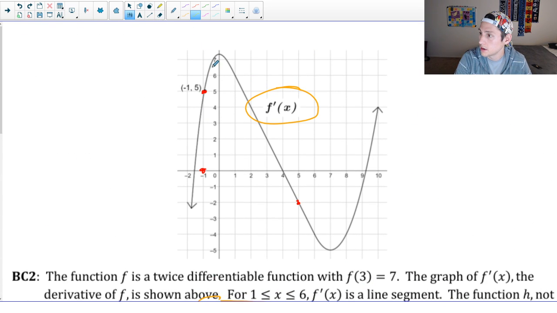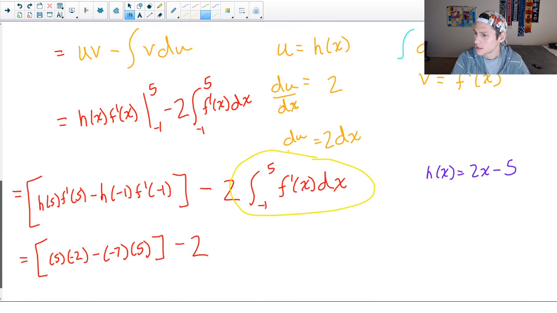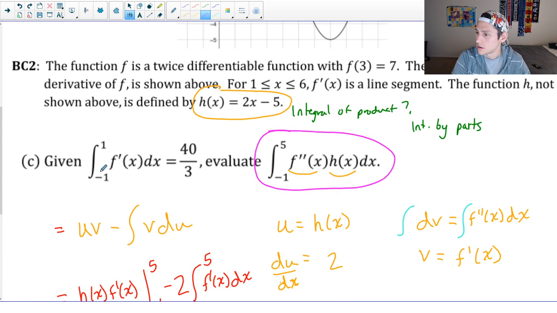So let's go back up here. So the area from negative 1 to positive 5. Do I know what all of this area is? Well, at the moment, no. But here's a couple things I do know. I do know from negative 1 to 1, the area is 40/3.